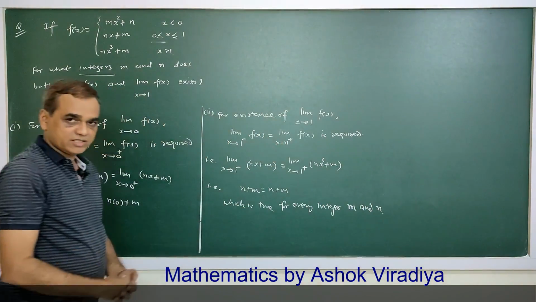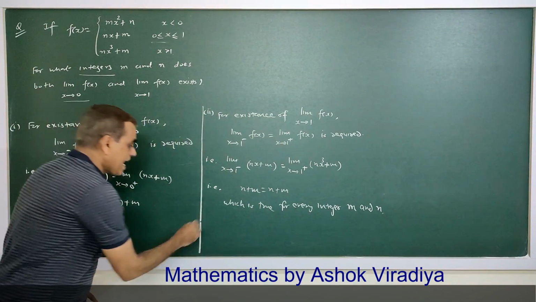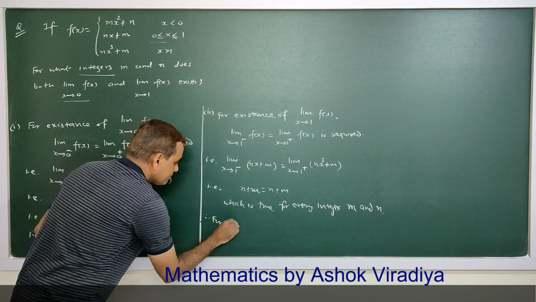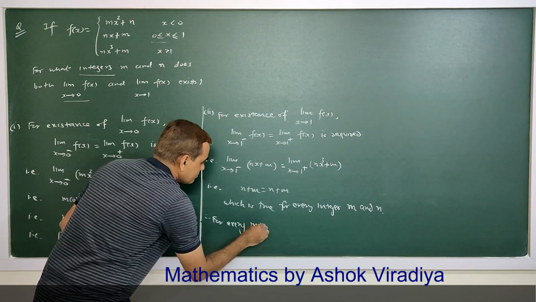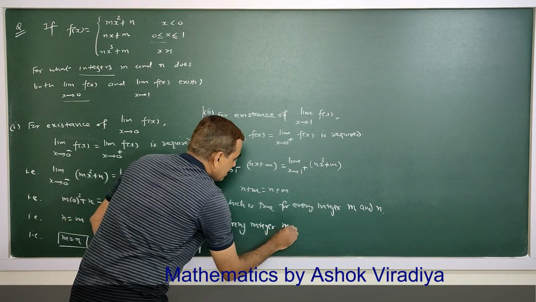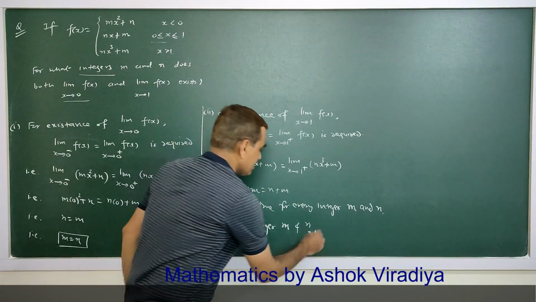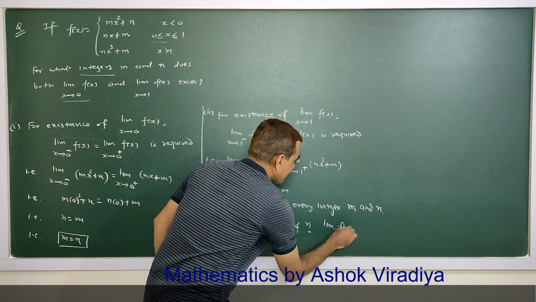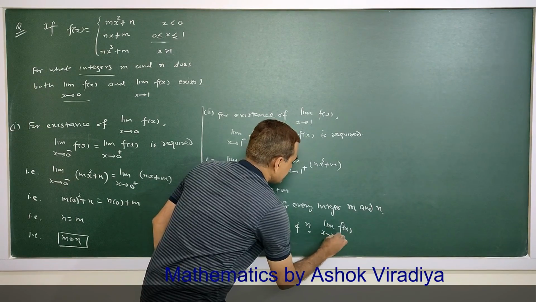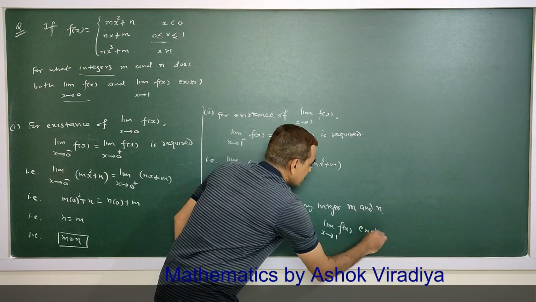That means for every integer m and n, this limit exists. Limit of f(x) as x tends to 1 exists.